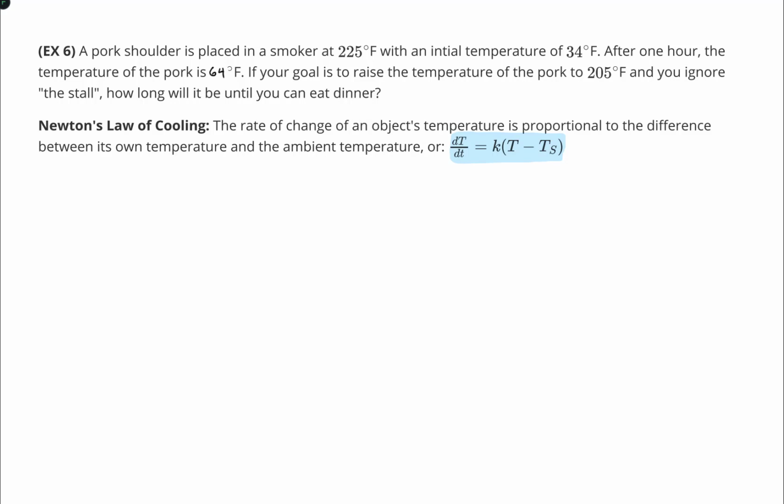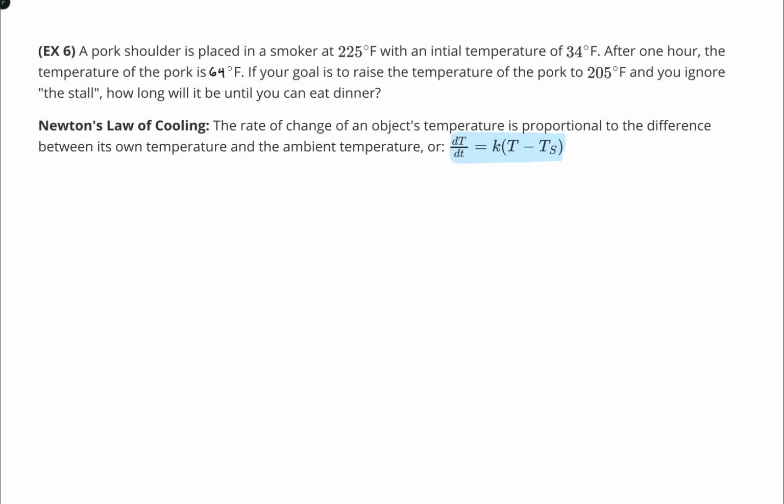The stall, when it says ignoring the stall, so if you've never smoked pork shoulder or anything, which is understandable, around 160 degrees, the temperature stops accelerating quite so quickly. In fact, it actually just stops increasing for sometimes 2 to 3 hours.